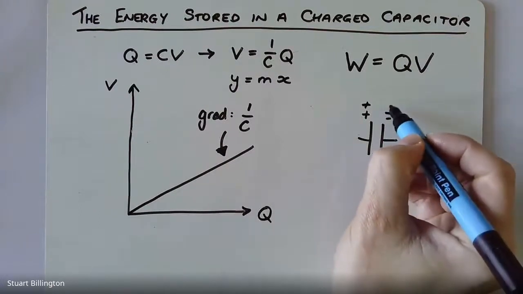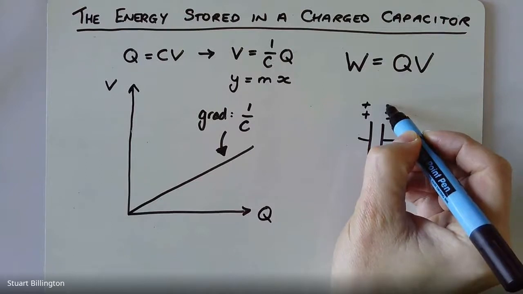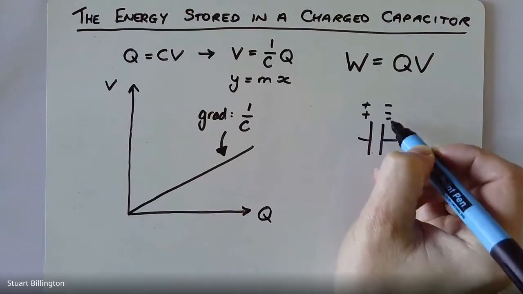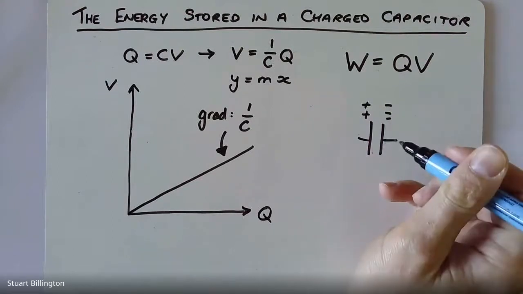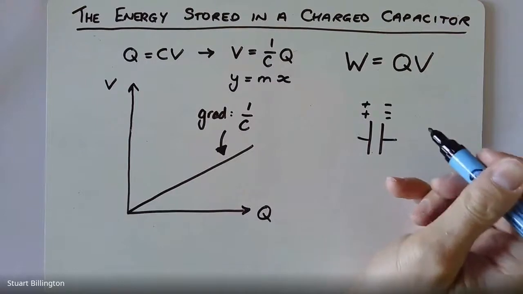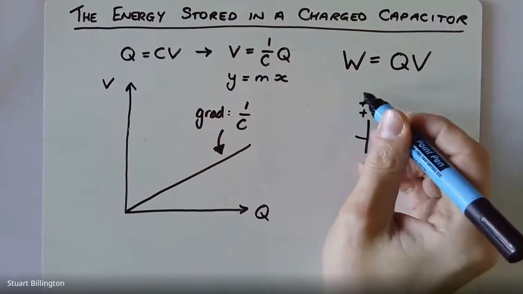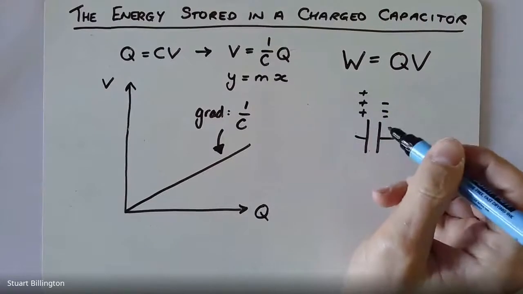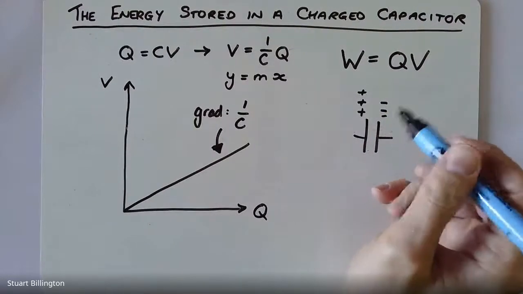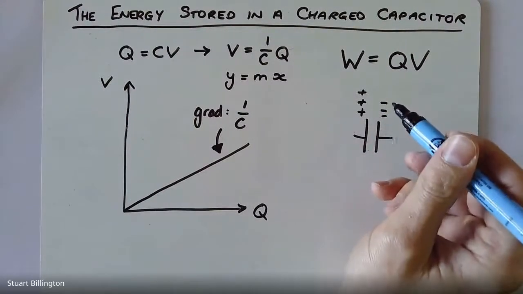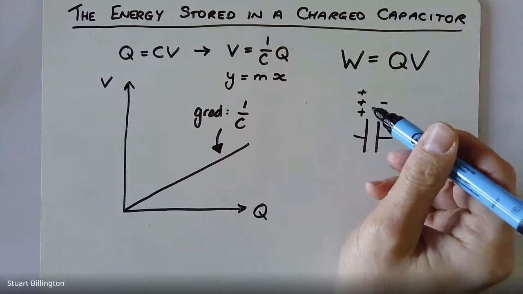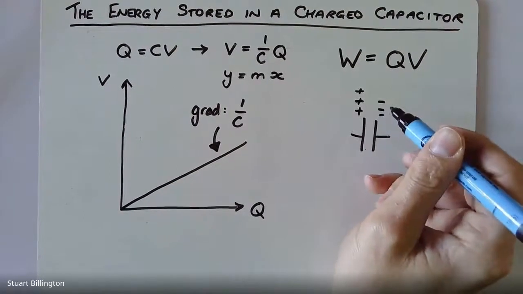When we then move a third electron, we're now trying to push an electron onto a doubly negative plate. So there's 3 times the amount of repulsion pushing it back. And we're trying to pull it off a triply positive other plate. So there's more force pulling it back again, more force required to push it on against the repulsion.